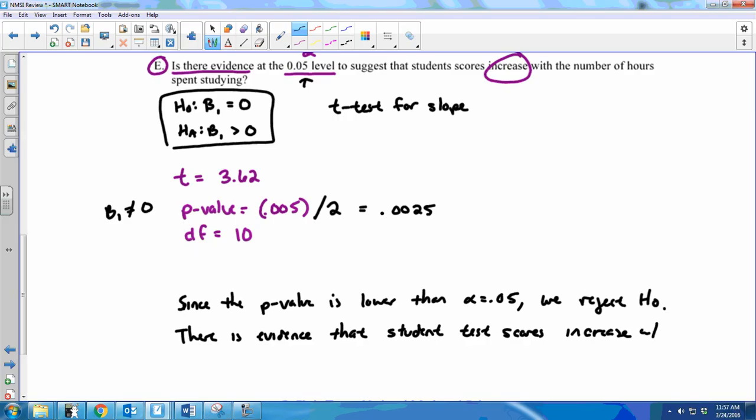Increase. Or you could also say there's evidence that as the number of study hours increases, your test scores increase as well.